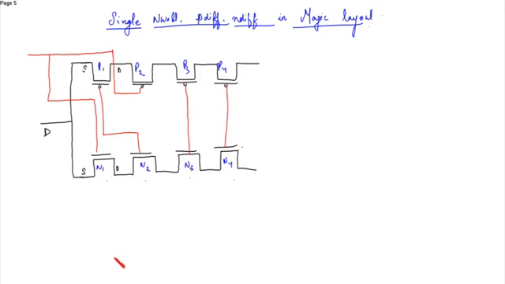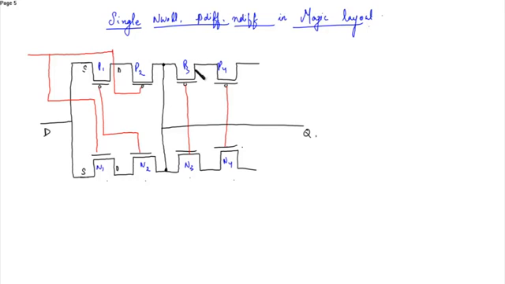Okay. So now this is the output of the two transmission gates. So connect these two. This is Q. This point is Q. That is, this is the output Q.